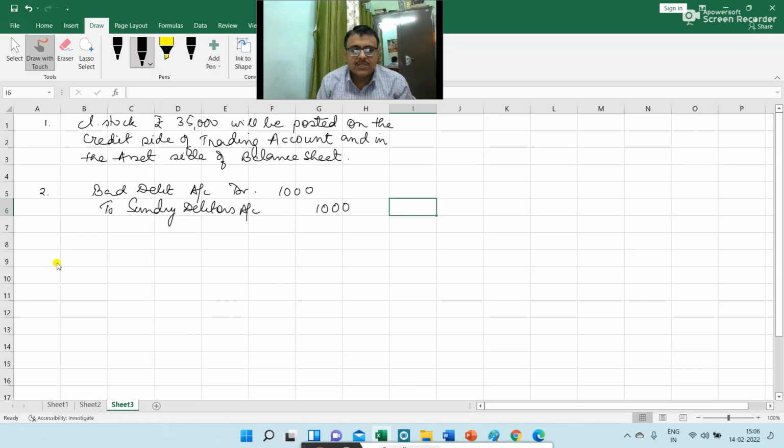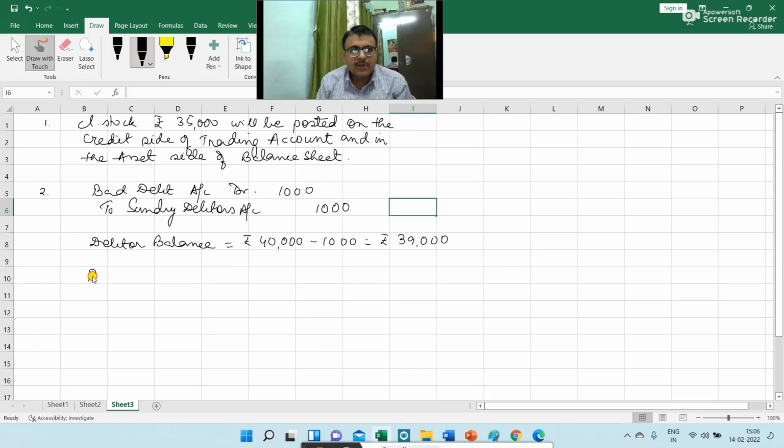In the balance sheet, the debtor balance is given at rupees 40,000. We are going to reduce this 1,000 for the bad debt, and the closing balance of debtors will be 39,000.